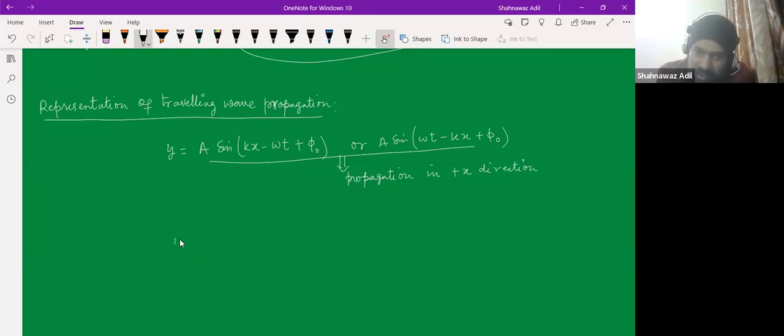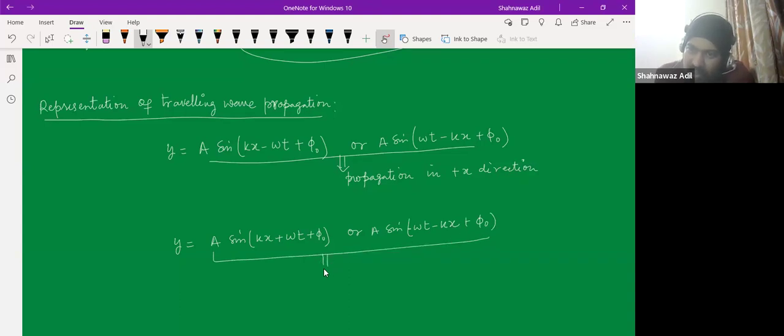And if I write the displacement of the particle as A sin(kx + omega t + phi naught), or A sin(omega t + kx), then these two are showing that this is propagation in negative x direction. These two things we have to be very careful of, right?